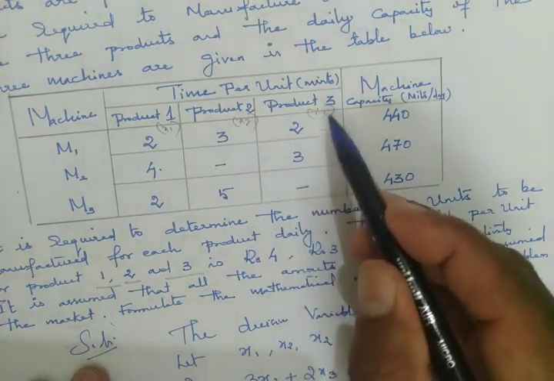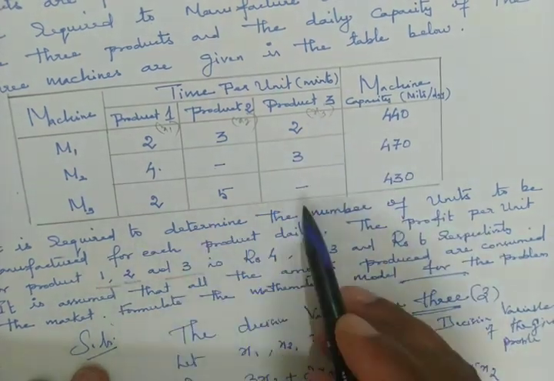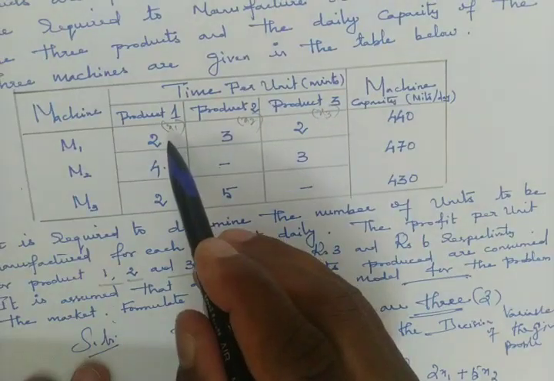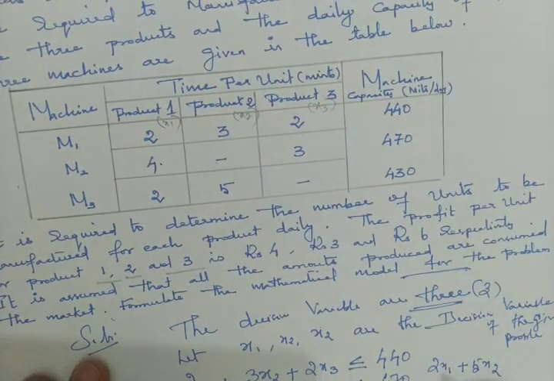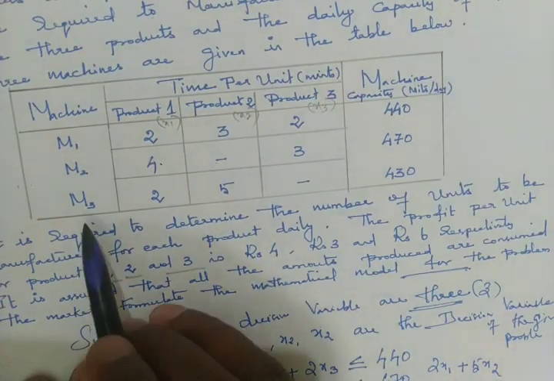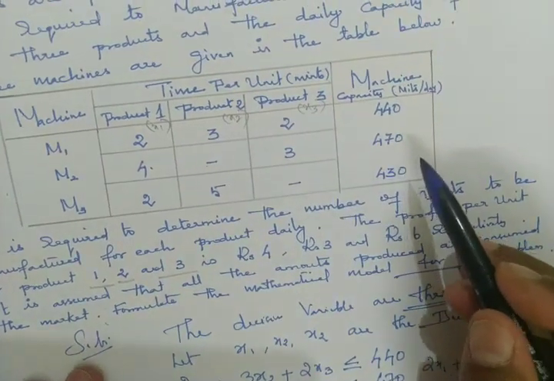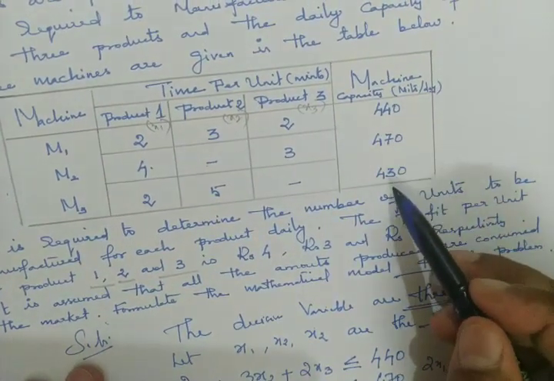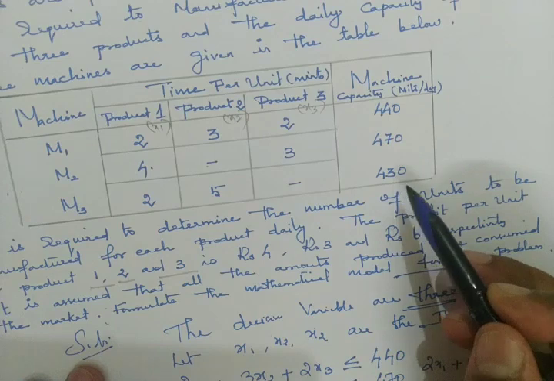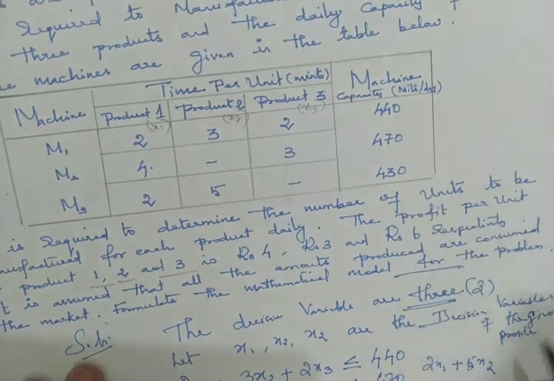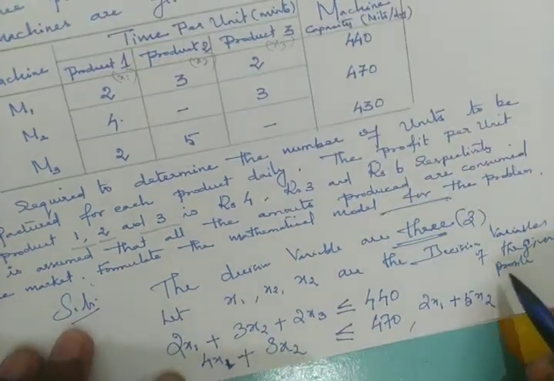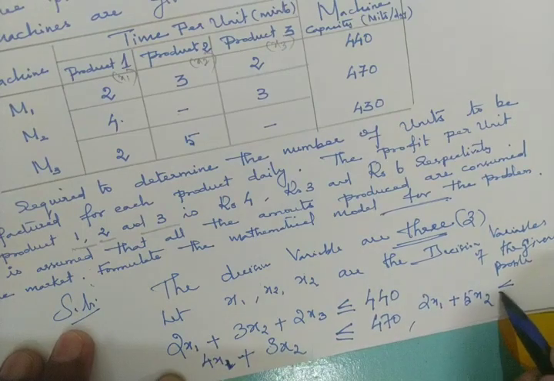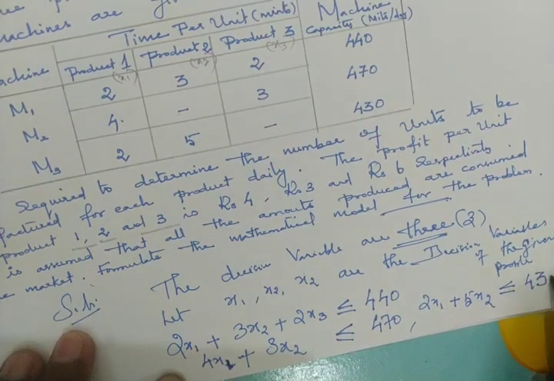So you leave out the variable x3 in the third constraint. You consider only x1 and x2. So 2x1 plus 5x2. Machine 3's maximum capacity per day is 430. I told you we can use a maximum of 430 or less than that. So the third constraint is also less than or equal to 430.